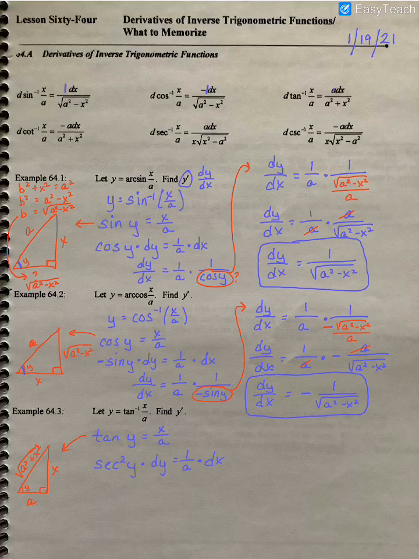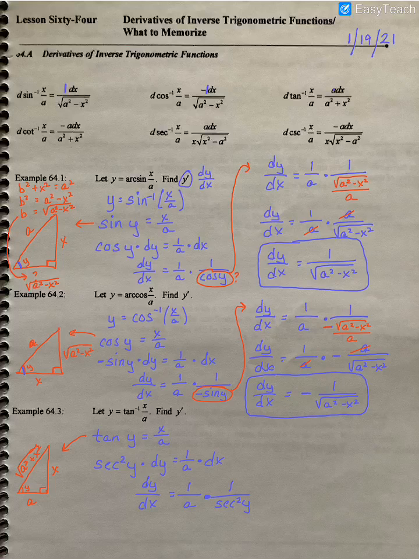Again, trying to solve for dy dx. So I'm going to keep my dy on the left, divide by dx on both sides. On the right, I'm going to keep my 1 over a, and then I'm going to divide by secant squared y, so 1 over secant squared y.